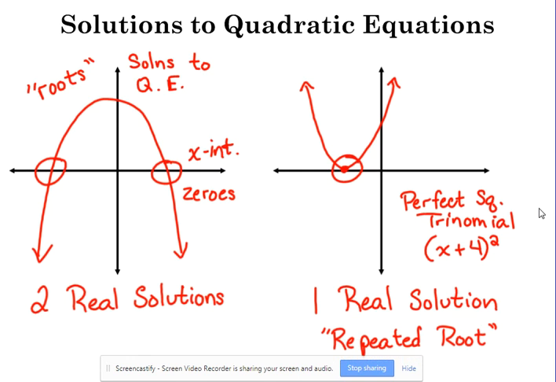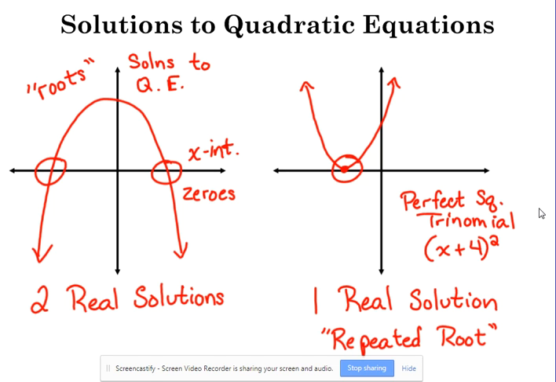And I mentioned this, I believe, last week, that we call that a repeated root. We call that a repeated root when it just touches once, because we get the same answer twice. So, for example, this could be x plus 4 squared. We touch at -4 because -4 would make that equal 0.